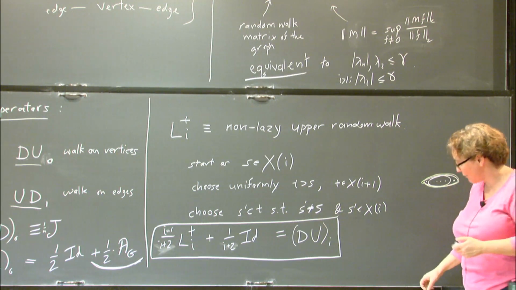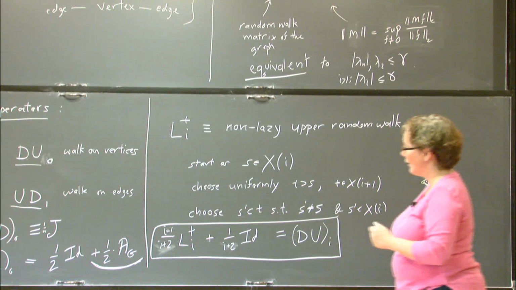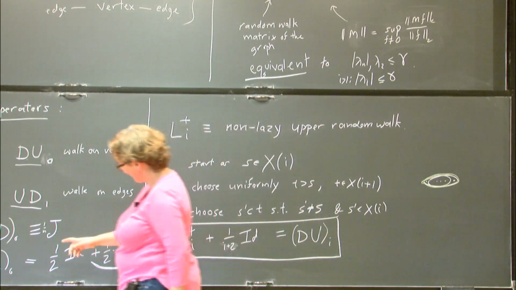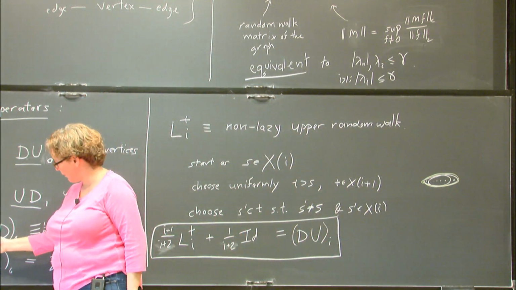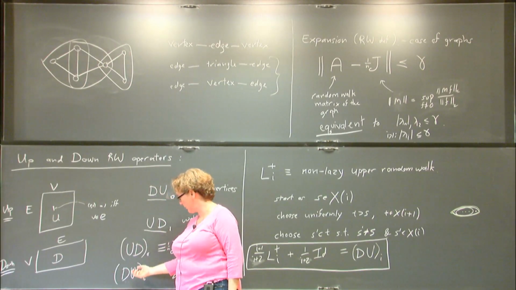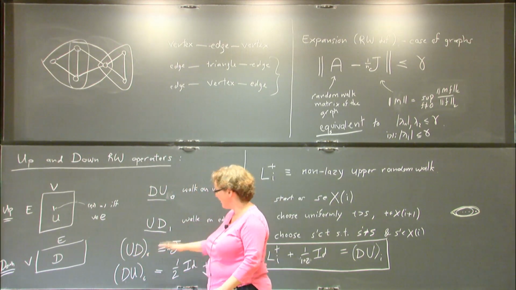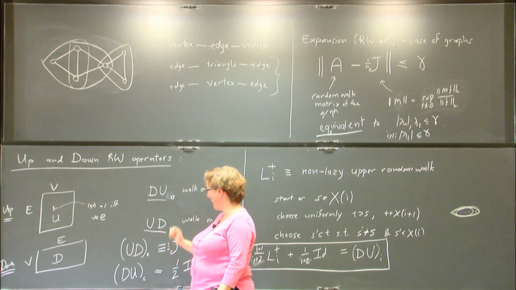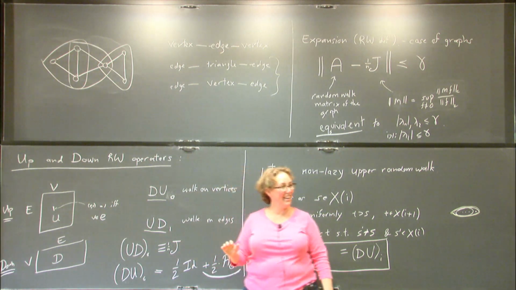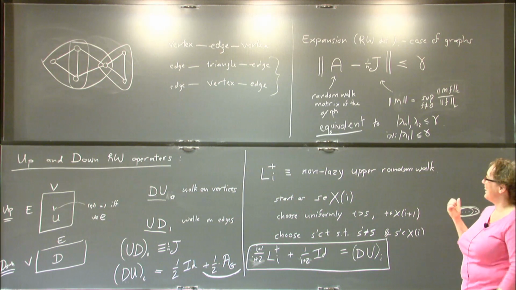So I think if you really want to be a saint, you should also consider the down-up walk, the non-lazy part of this and the non-lazy part of this, and compare them. But somehow this is never helpful. Being a saint is not a good idea.